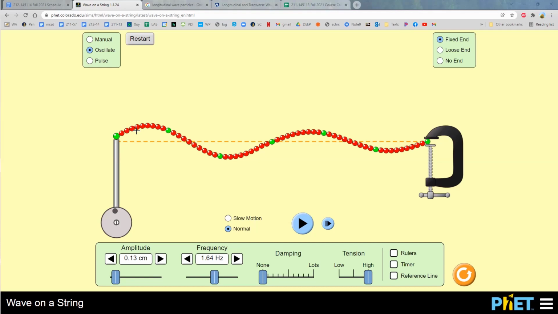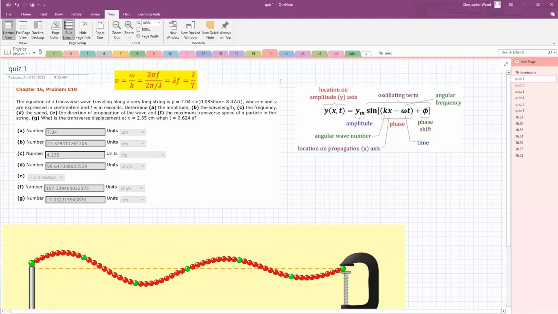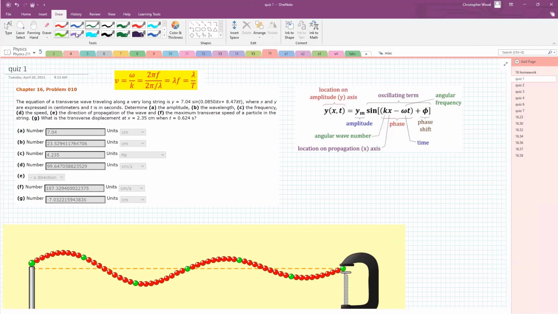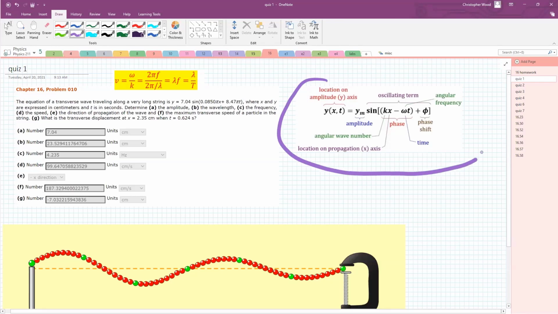All right. So this is the wave equation. This is what we're going to consider home base. This kind of says it all as far as wave basics are concerned.